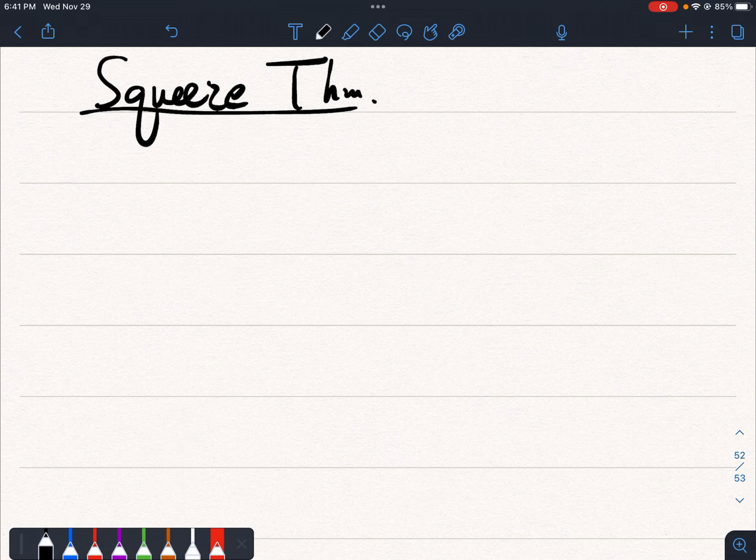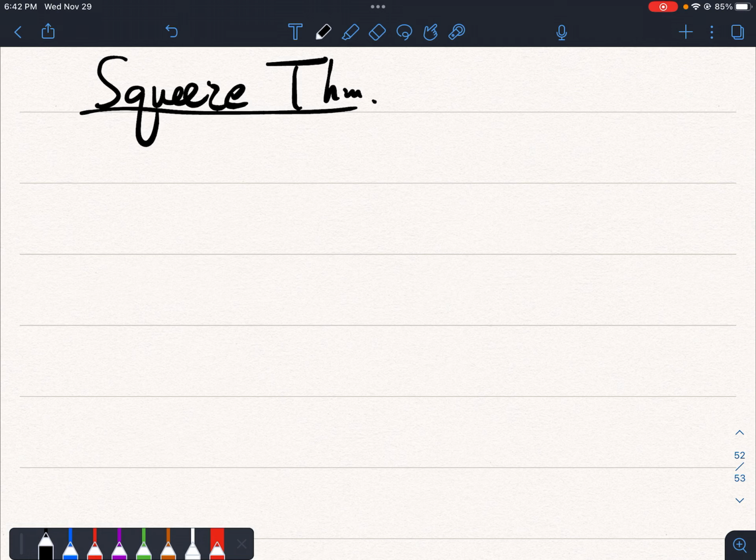So maybe we'll just see a proof of it, and also we will need to know how to apply the squeeze theorem to solving problems. And then we'll talk about the two important theorems regarding continuous functions, the extreme value theorem and the intermediate value theorem.